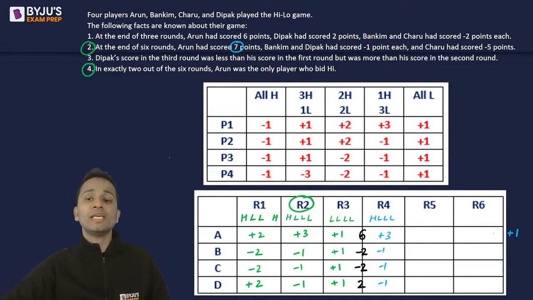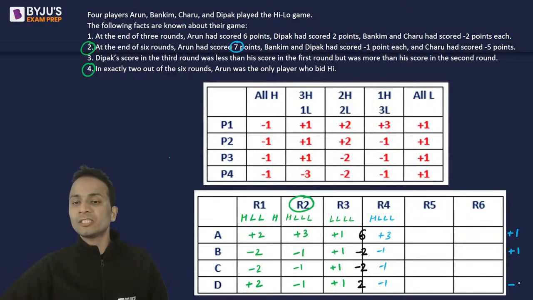So +1 is the net score of Arun in the last 3 rounds, round 4, 5, and 6. Now for Bumpkin, it is -1. At the end of 3 rounds, it was -2. Now his net score is -1, so he has gained 1 point, +1. For Deepak, it is -1. Deepak was at +2, and now he's at -1 after 6 rounds.